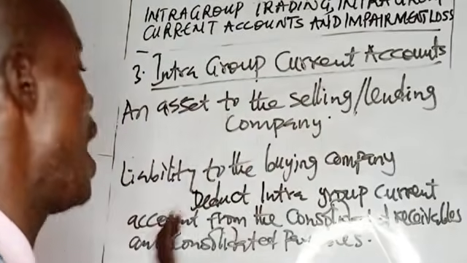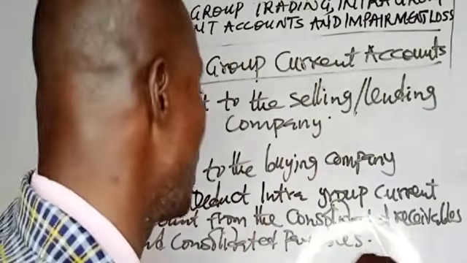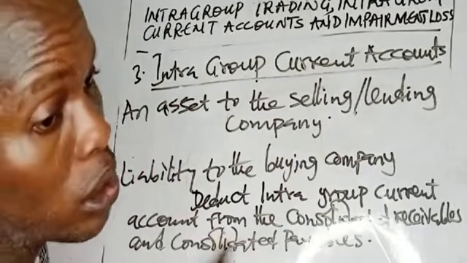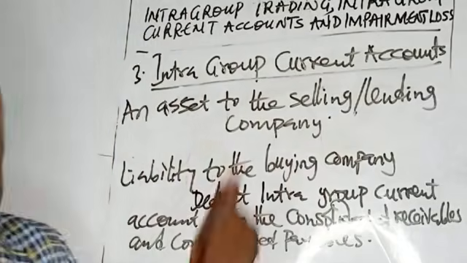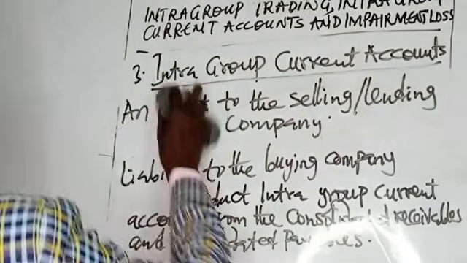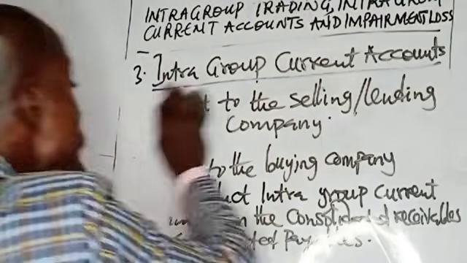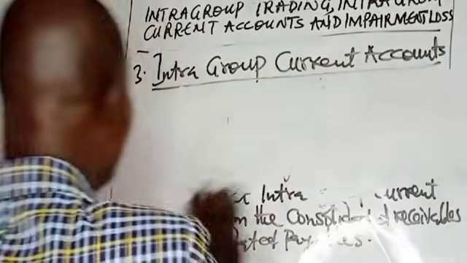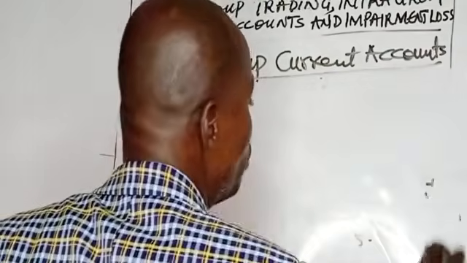At the same time, it should be deducted from the consolidated payables. Take note of that. But in some cases, the intragroup current accounts may not agree. The amount included in the receivables may not agree with the amount included in the payables.